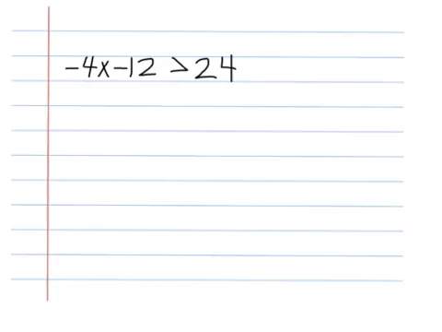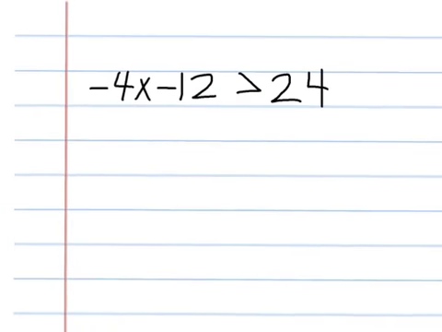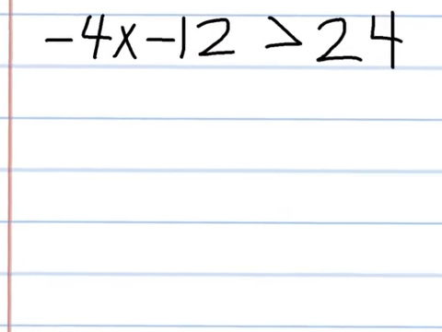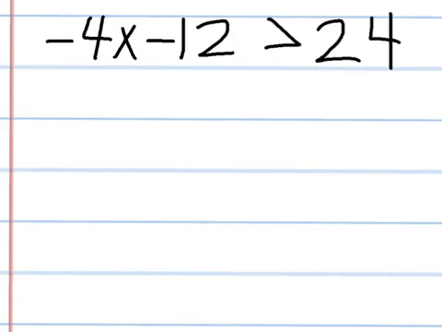For example 1, this is going to be a review of what we did yesterday. We have -4x minus 12 is greater than 24. What's the first thing we want to do? We want to add 12. We want to get our 4x by itself.